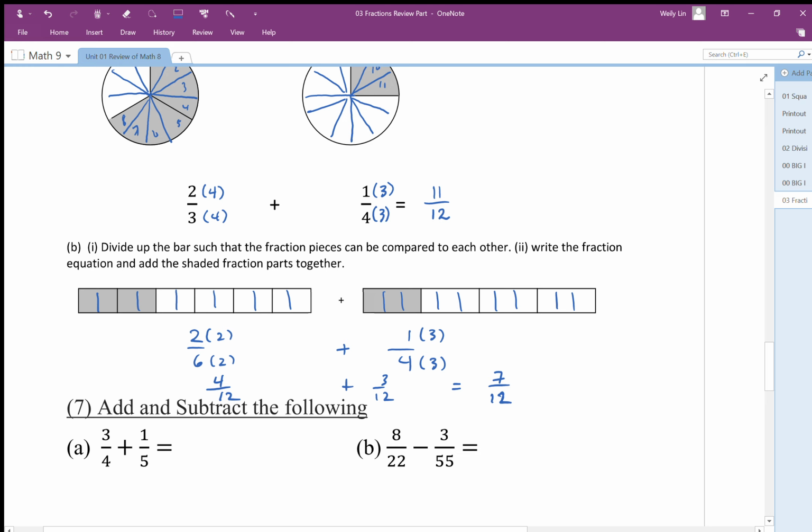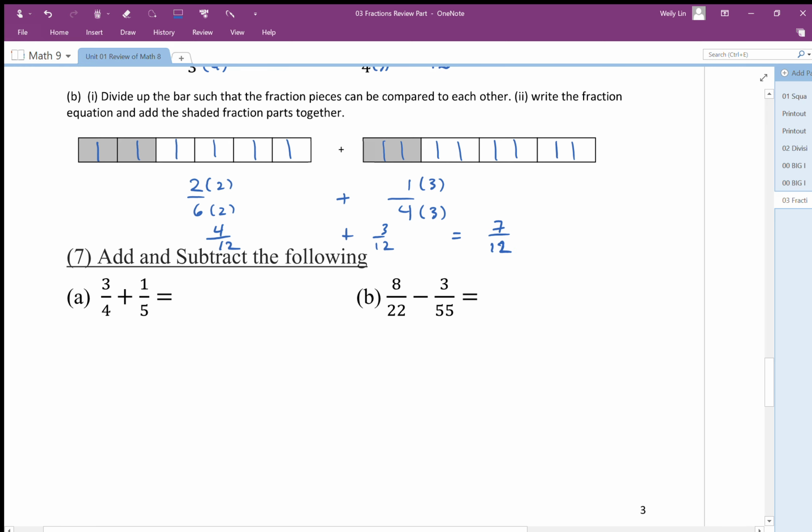So when you do this, I would like you to show these multipliers to get the common denominators. So in this case here, to get the common denominator of 20, I can multiply by 5 and 5. So 3/4 ends up being 15/20. I can multiply by 4 and 4.